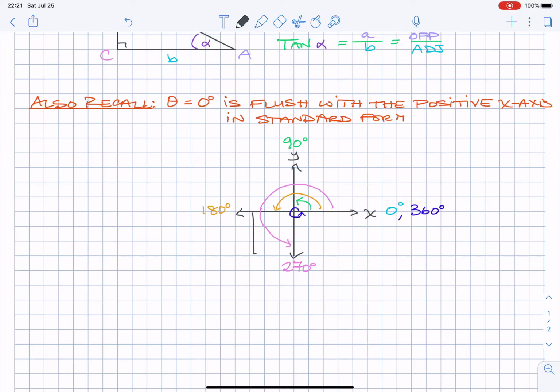Then another quadrant, or right angle, is adding 90 to that. So 180 plus 90 is 270. Going another quadrant is adding 90 to that. So 270 plus 90 is 360. So we can increase by 90s, and this method of increasing by a fixed angle is going to come into play in the next chapter.